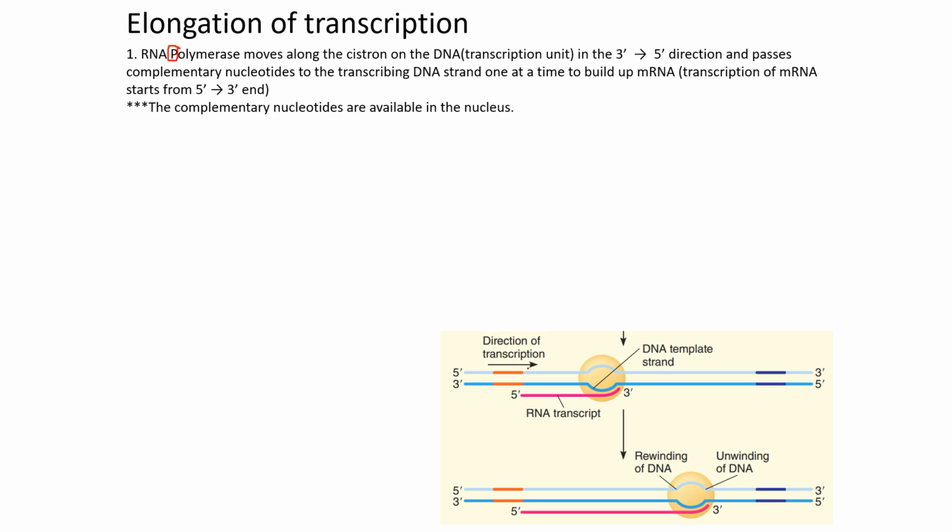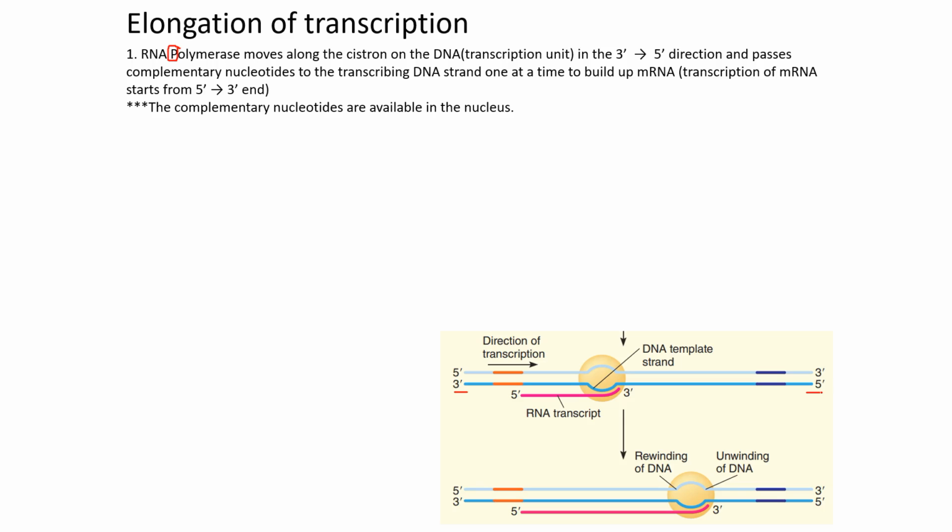The cistron of the DNA is the transcription unit in the 3' to 5' direction, as you can see here, and it pairs complementary nucleotides to the transcribing DNA strand one at a time to build up RNA, or mRNA.